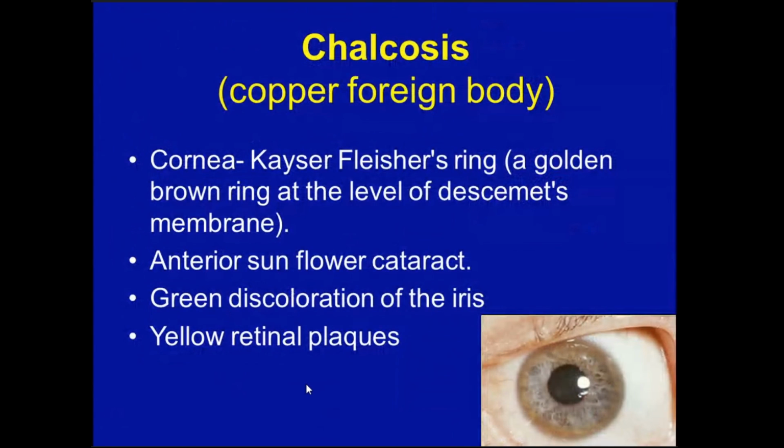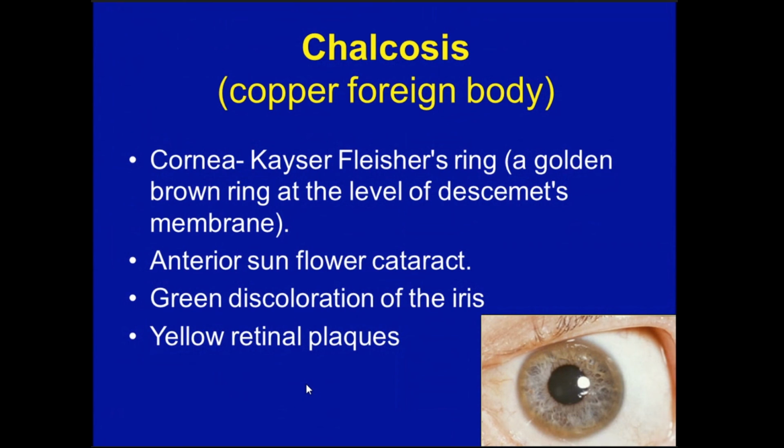Let's say some words about metallosis. Chalcosis appears when a copper foreign body is in the eye. We see in the cornea a Kayser-Fleischer ring, a golden brown ring at the level of Descemet's membrane.